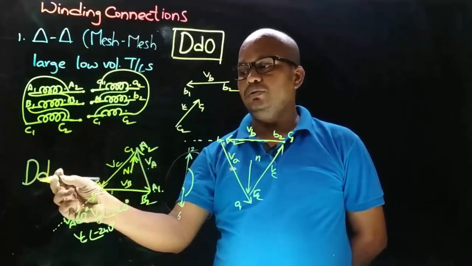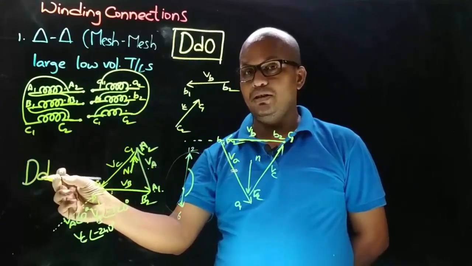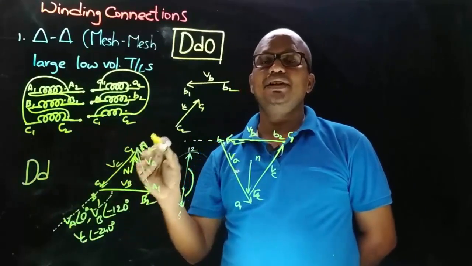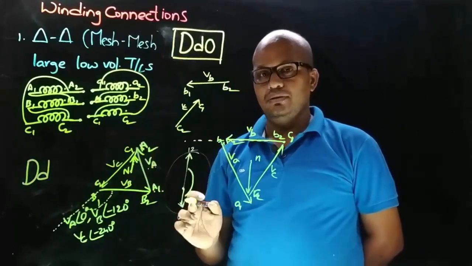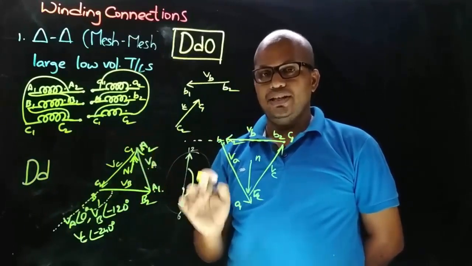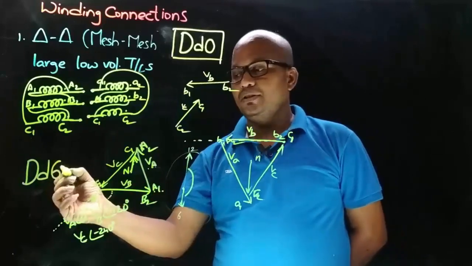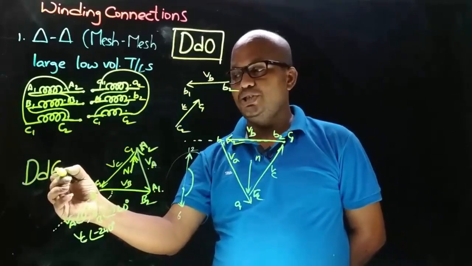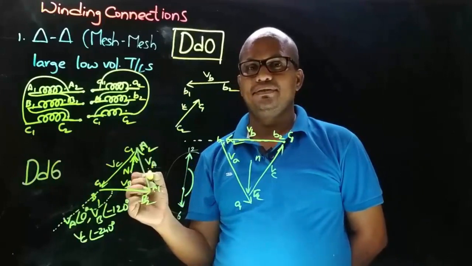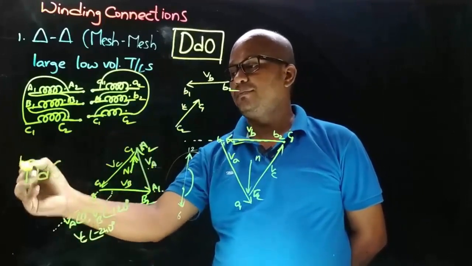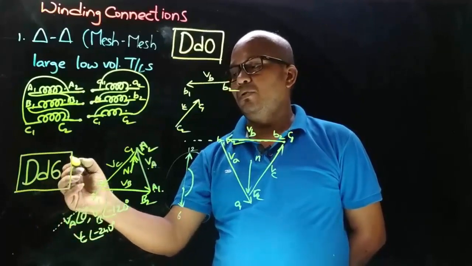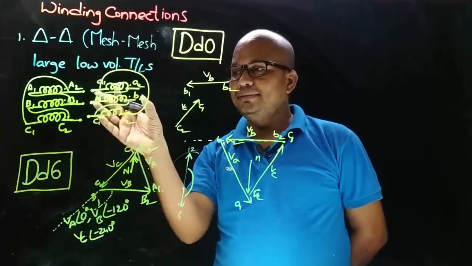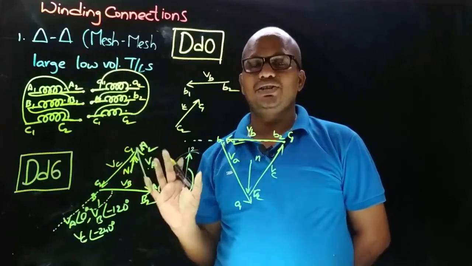Now the third position is numerical, which represents the LV side voltage phase displacement based on clock notation. From clock notation it is 6 o'clock, so the third position numerical is 6. So this is the vector group symbol for this type of delta-delta connection.